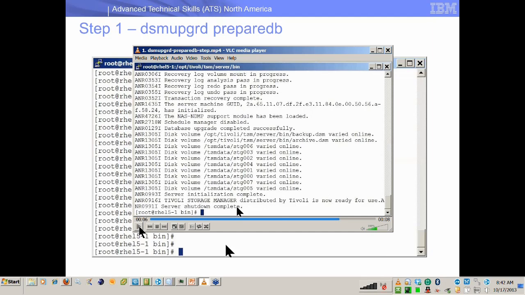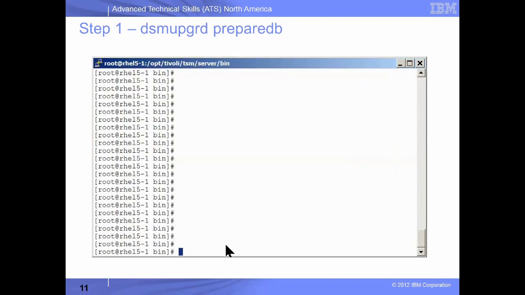So this step, as I mentioned last week, it's very fast. It takes about a couple of minutes, 1 or 2 minutes, and then it just shuts down. Okay, so that's step 1.